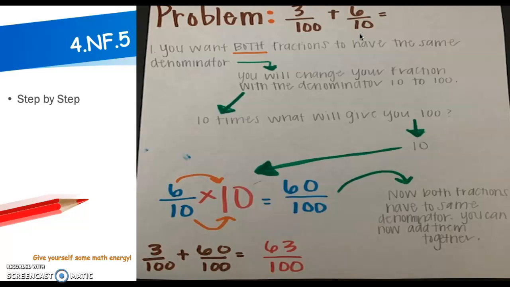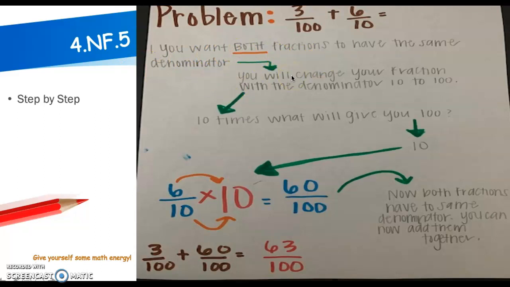So to make this easier on ourselves, we want our fraction denominators to be the same. We have to take our tenths and make it hundredths. So step number 1, you want both fractions to have the same denominator.